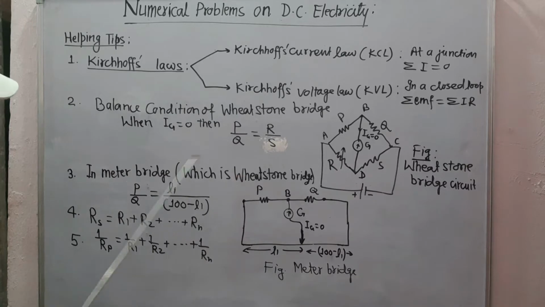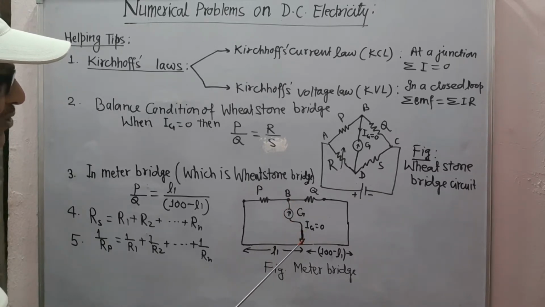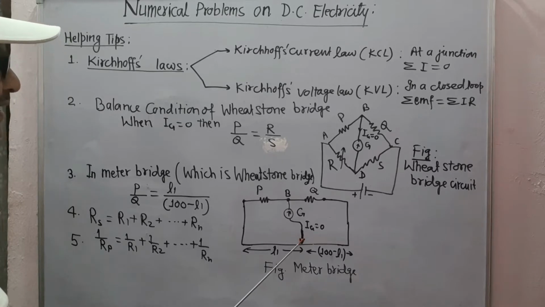Next, meter bridge. A meter bridge is also a Wheatstone bridge when it is balanced by moving the jockey or slider key to make null deflection in the galvanometer.